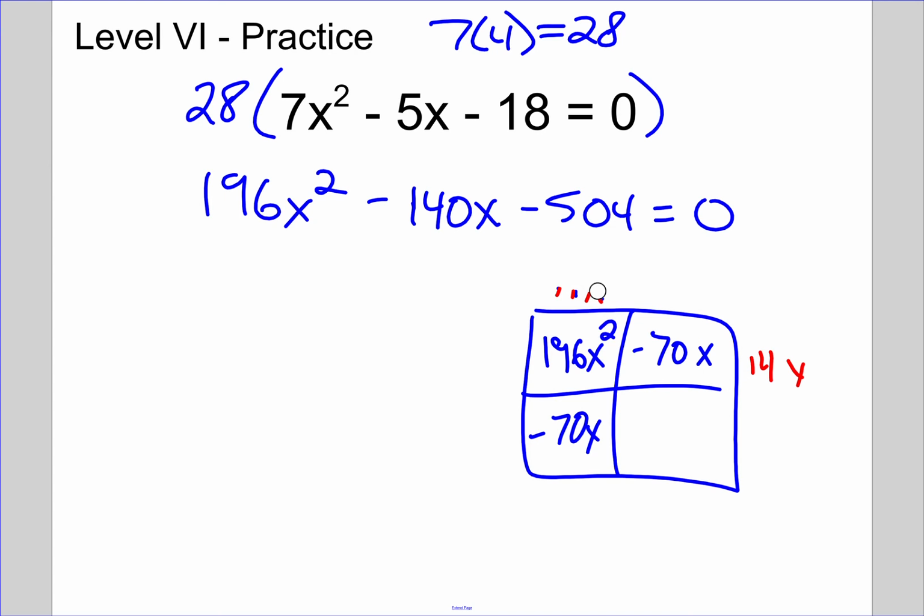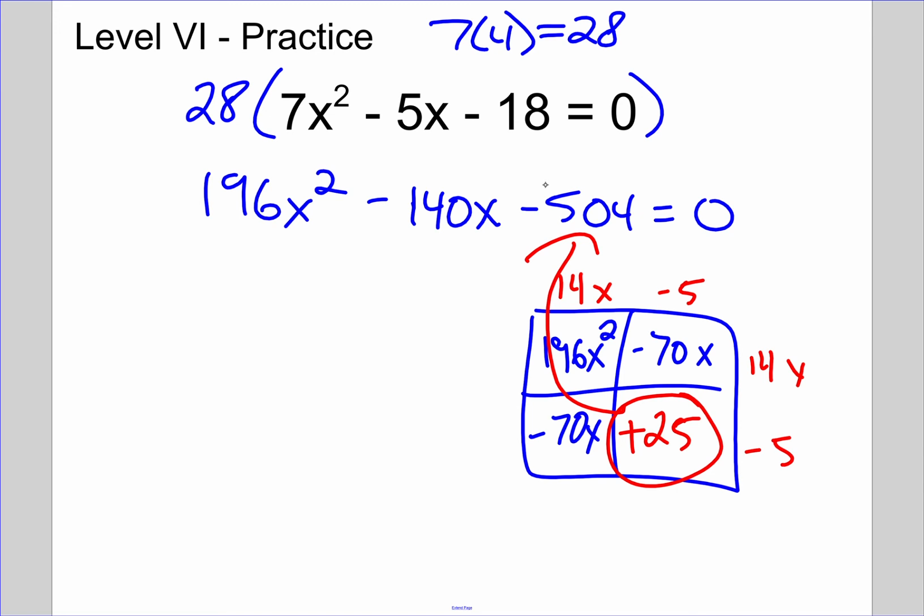And then what do I have to multiply by 14x to get negative 70, right? And the answer is negative 5. Okay, so negative 5 squared is positive 25. That's what we need this to be. So what do we have to add to both sides? Well, 504 and then 25.